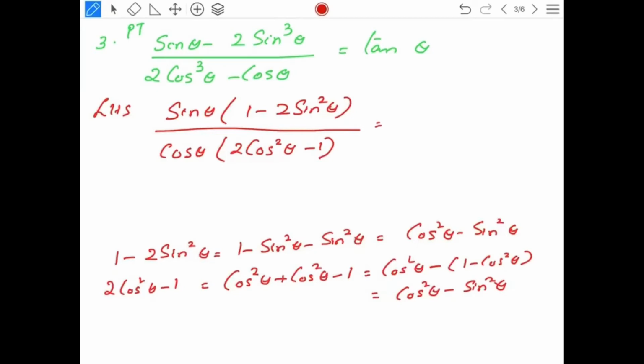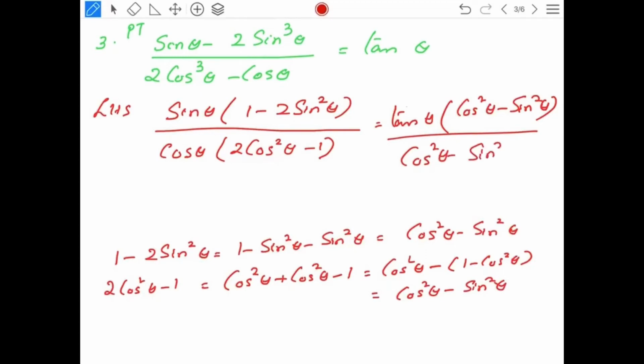Substitute it here, we'll get sin theta by cos theta, which becomes tan theta. So we can straight away write tan theta. Then 1 minus 2 sin square theta has become cos square theta minus sin square theta, by 2 cos square theta minus 1, which has become again cos square theta minus sin square theta.